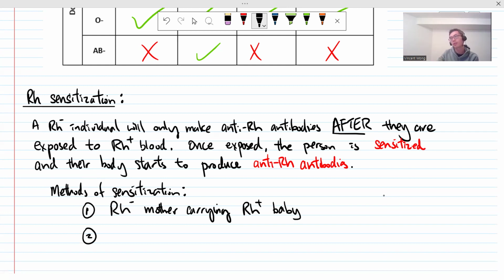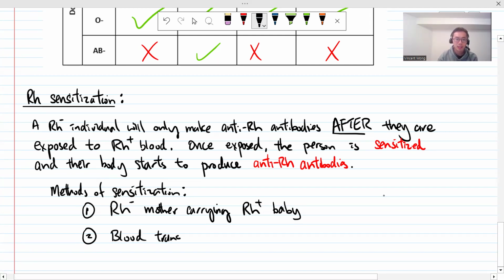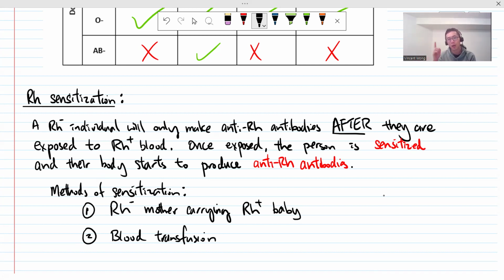But there's another, more common, straightforward reason. Anybody know why that might be the case? Blood transfusion. That's right, blood transfusion. Now listen carefully. Every negative person actually can have one free exposure to Rh positive blood.